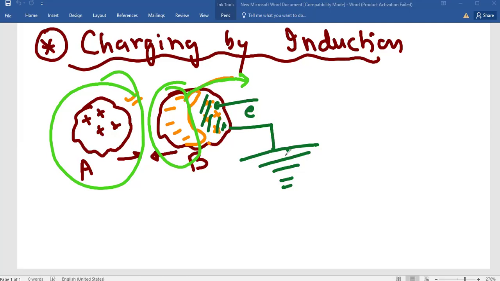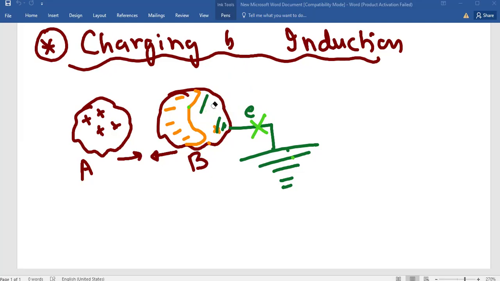So grounding can neutralize only the positive cloud, and this will be done in a fraction of a second. So you just ground it and then you immediately cut it. When you remove this earthing, we will see that only negative charge is there.